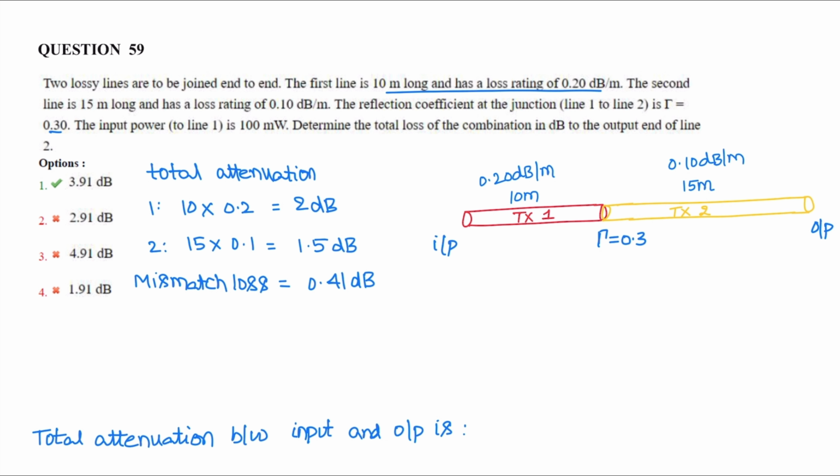The total attenuation due to transmission line 1 is 2 dB, the total attenuation due to transmission line 2 is 1.5 dB, and the mismatch loss is 0.41 dB. The total attenuation is 2 plus 1.5, which is 3.5, plus 0.41, that is 3.91 dB. So the correct option is 1.